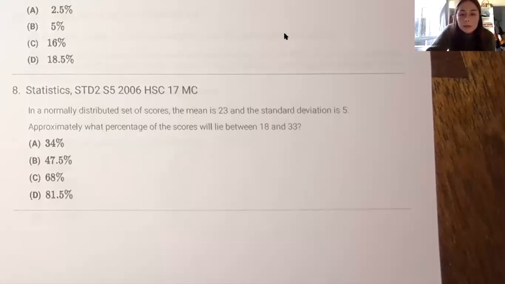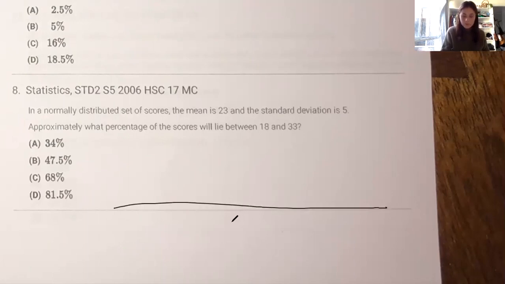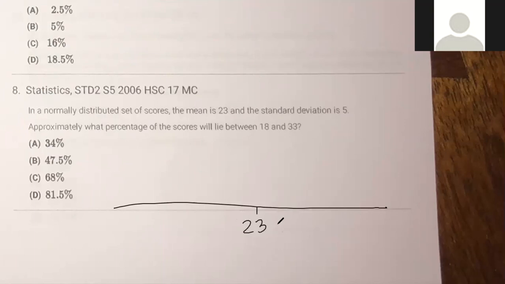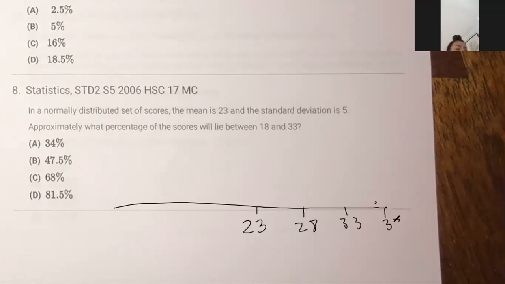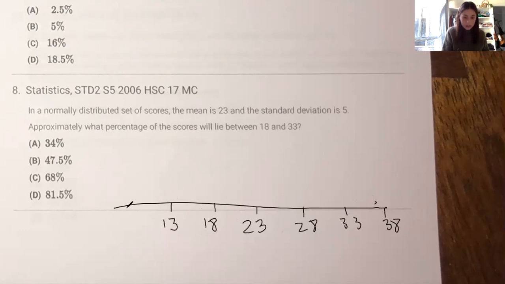Okay, I'll draw it up quickly. So this is our base. Then we have 23 here, 28, 33, 38, 18, 13, and 8. And that's -3, -2, -1, 0, 1, 2, 3.